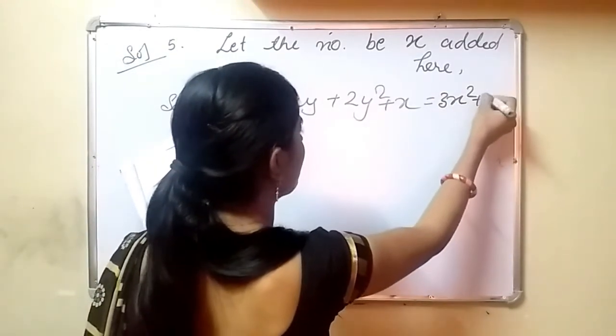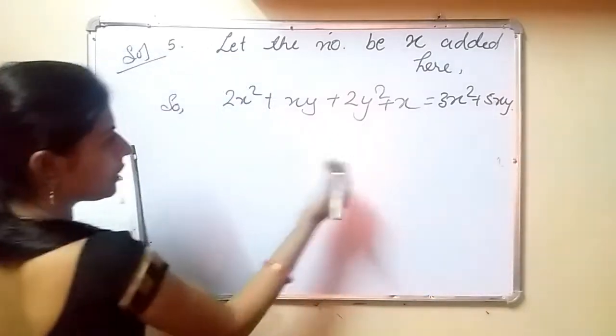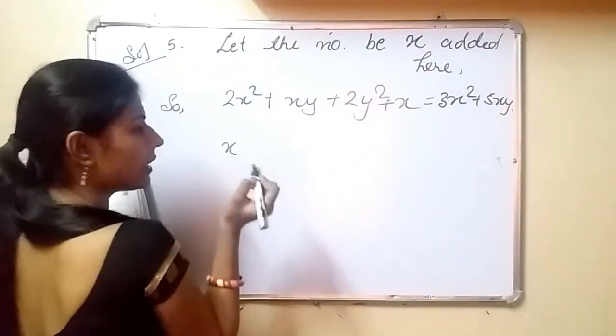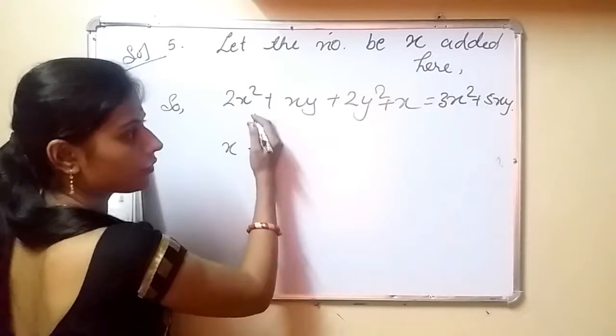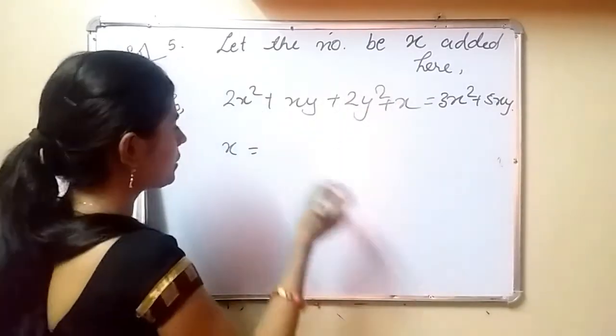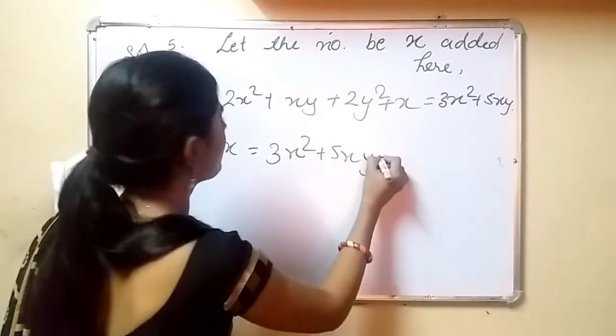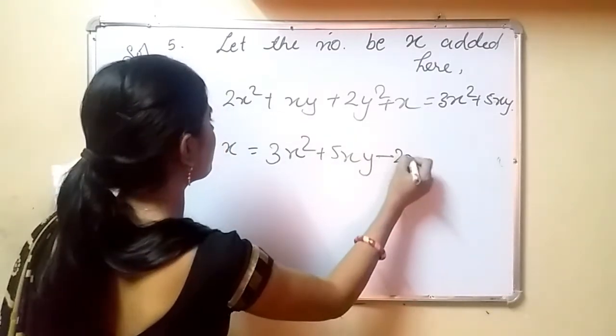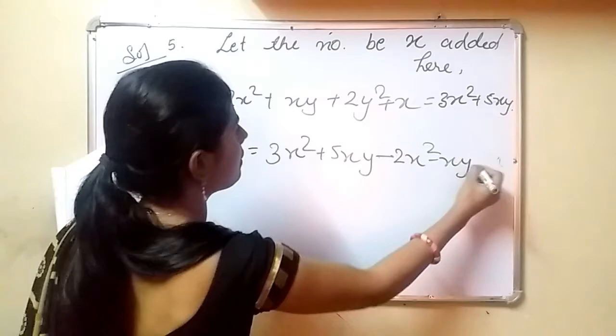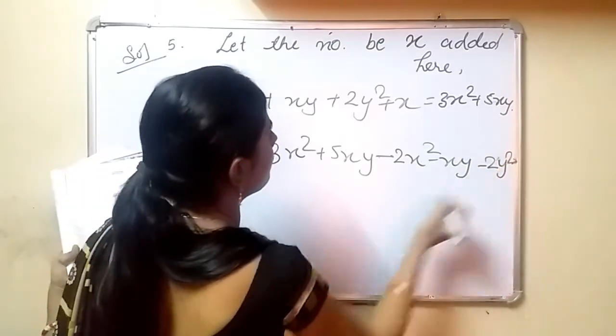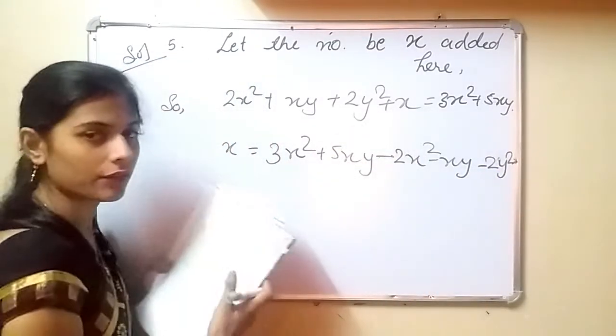Now take x here and the rest of the terms you have to take to the opposite side. So 3x square plus 5xy minus 2x square minus xy minus 2y square, and x remains here.